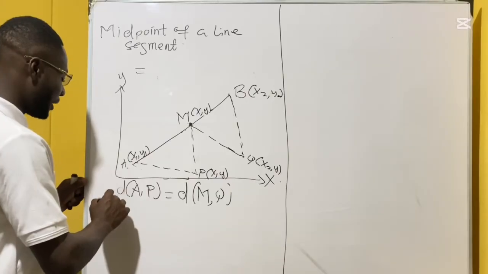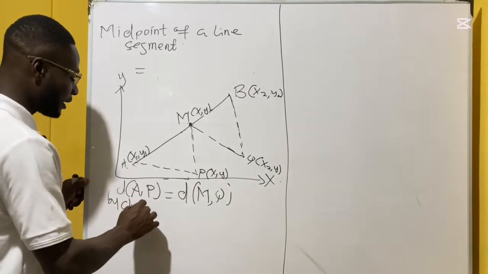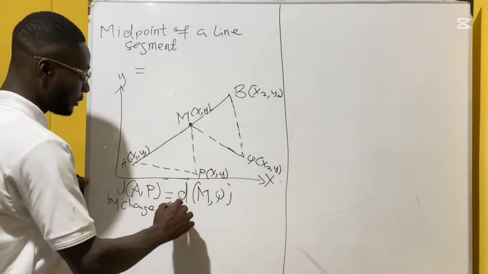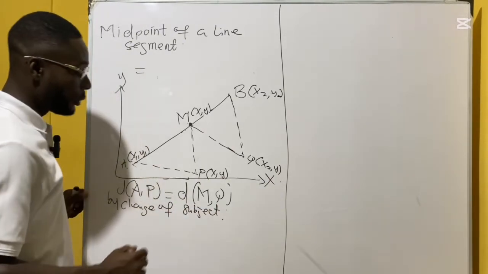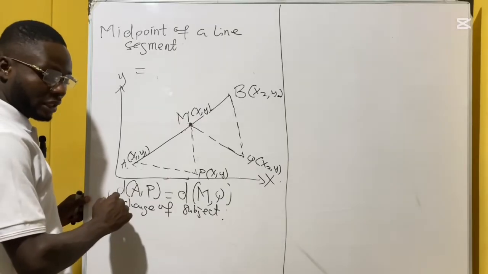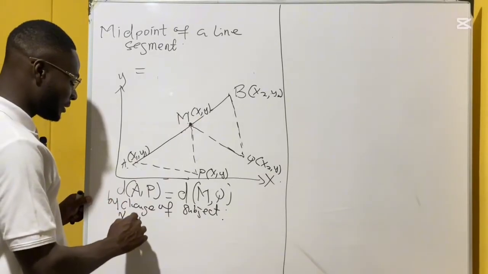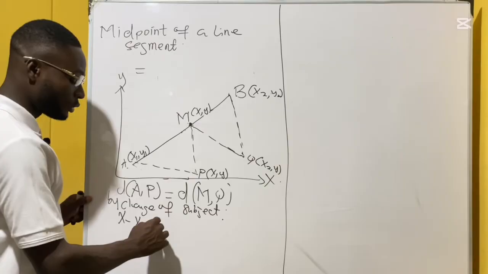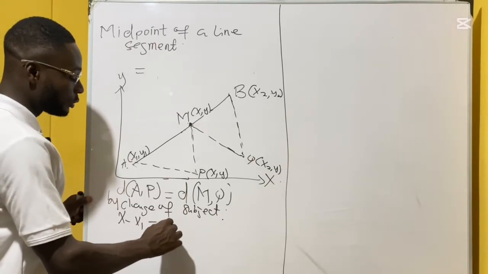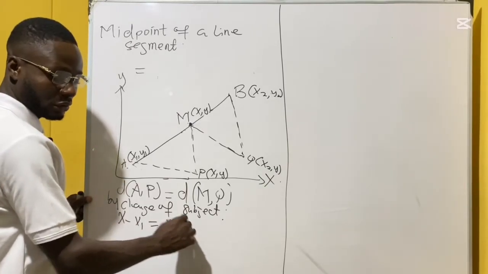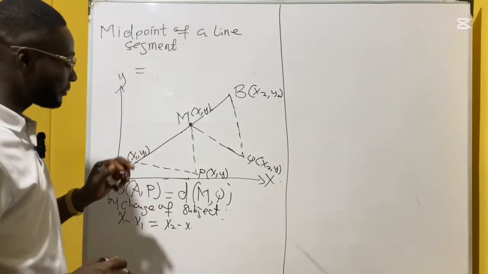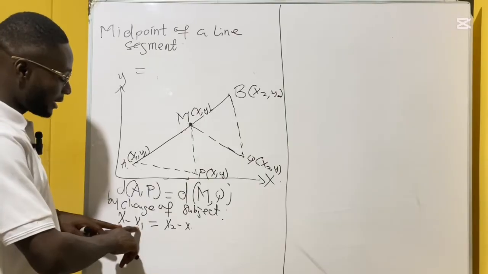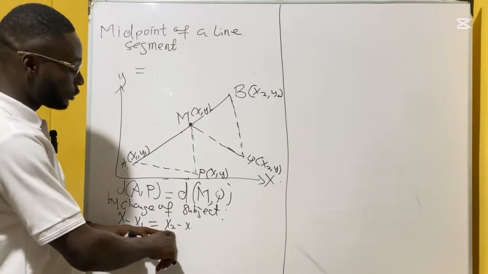we can see that by change of subject, we can have x minus x1 equals x2 minus x.